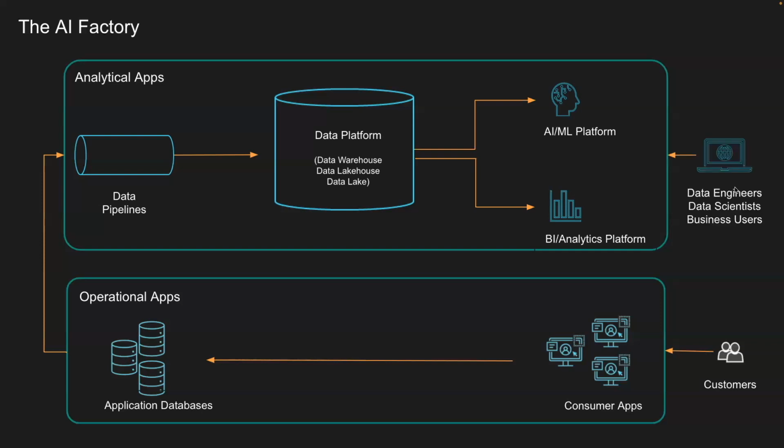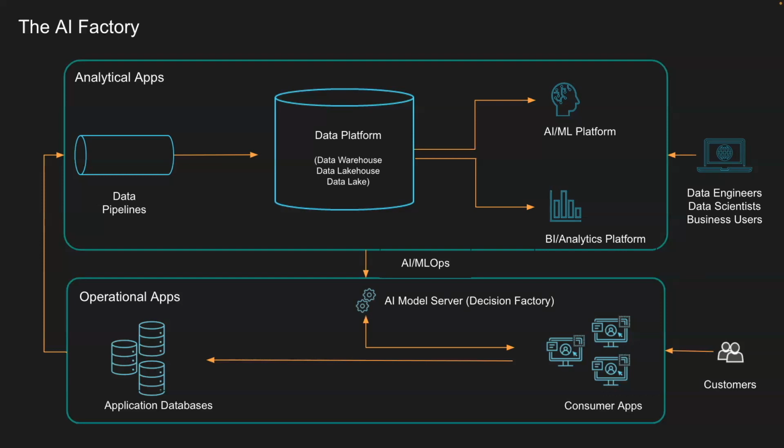All your data engineers, data scientists, and business users will be hooking up to this data platform at the top to do all their analysis and explore what's going on with the business. Now, what do you do with all the models that you've built based on all this data? You have to serve them. So you'll use some kind of AI model server, which acts like a decision factory for all the customer-facing applications.